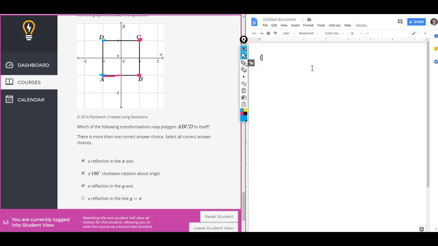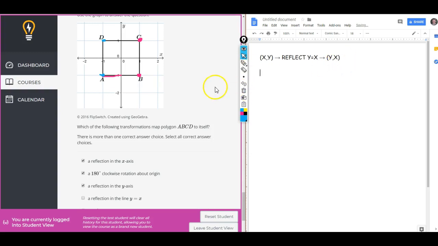So what I have used is I know that when I reflect about y equals x, your y coordinate becomes your x coordinate, and your x coordinate becomes your y coordinate.